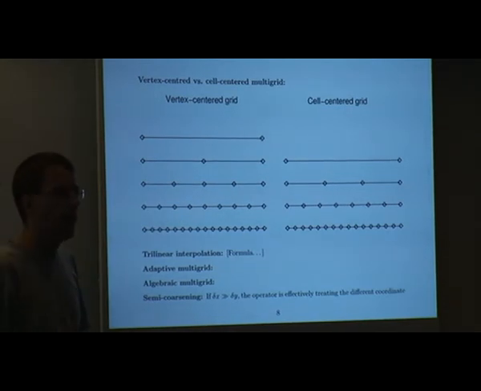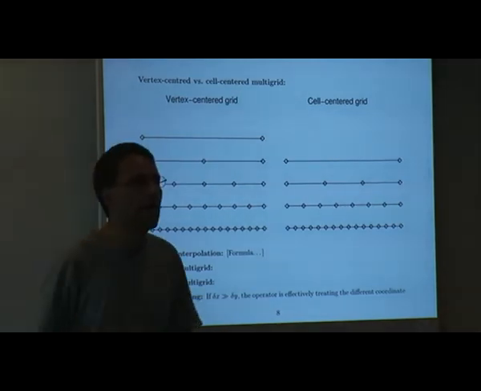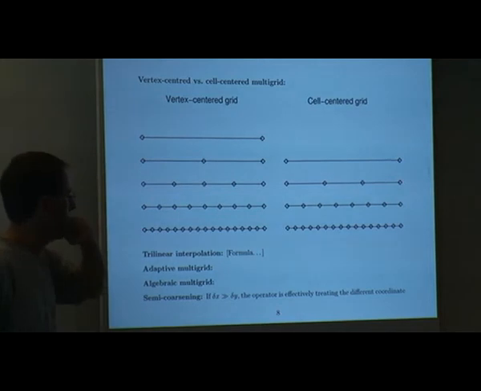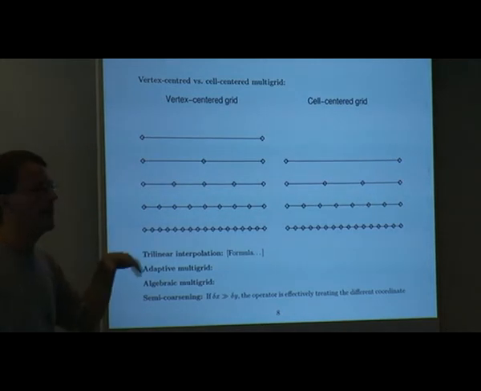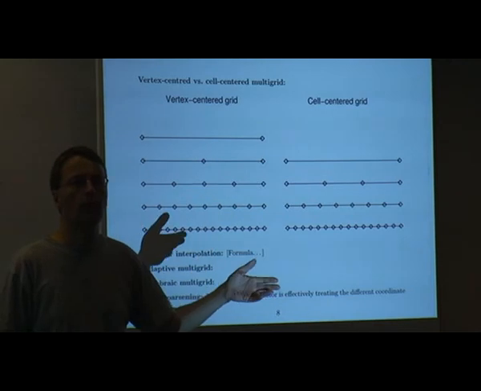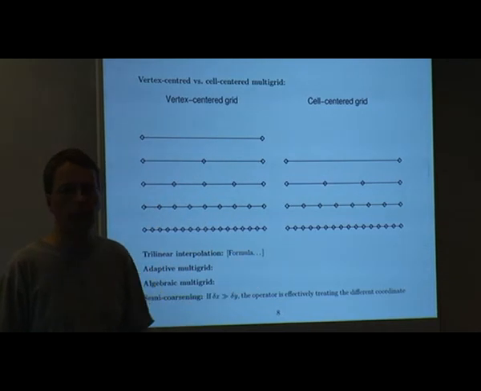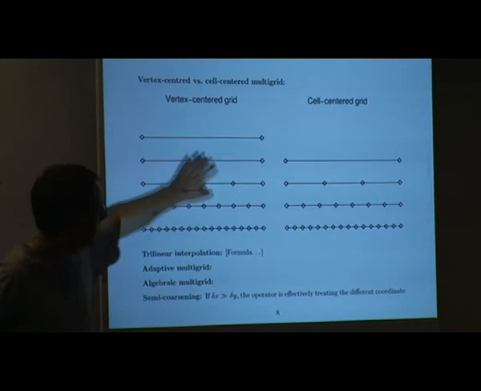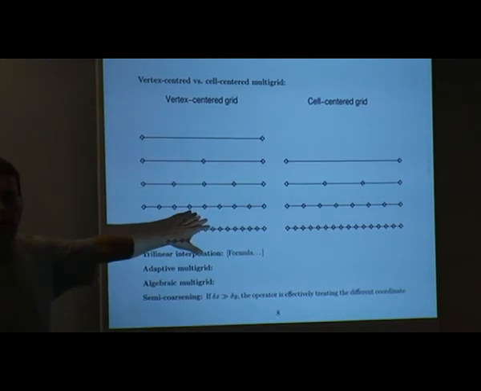Did anybody here ever do a simulation with 17 points in any direction? Probably not. And even, no, 17 would work fine. Basically, 2 to the power of n plus 1 would work fine. But we normally use 2 to the power of n. We have this situation for the periodic runs.